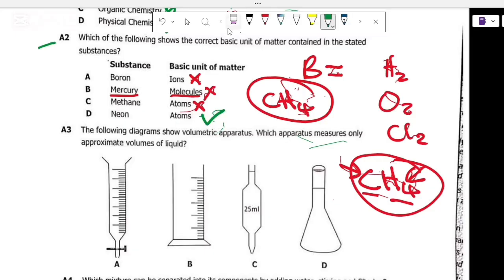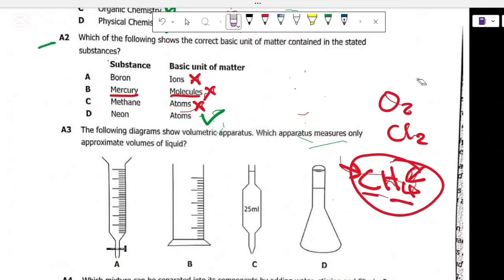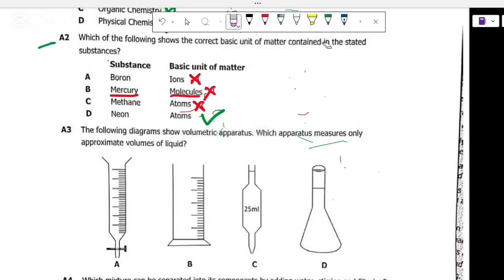Now, answer choice D is the correct one. The reason is when you look at neon, this neon is written as Ne. The electronic configuration is actually 2,8 because this is a noble gas. We'll look at the periodic table, the groups on the periodic table. So this is a noble gas, and when you look at it, this is an atom.